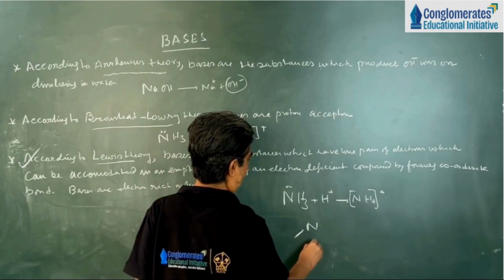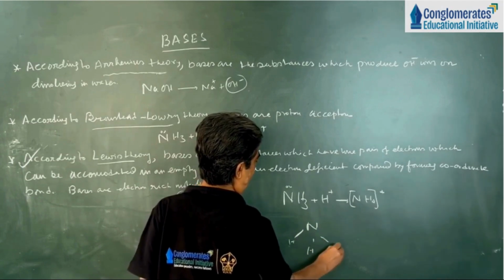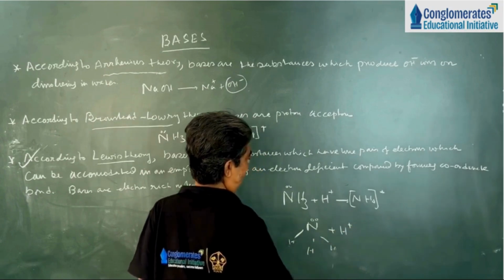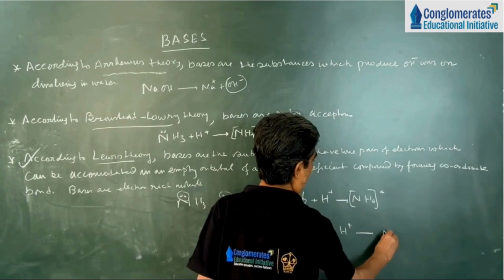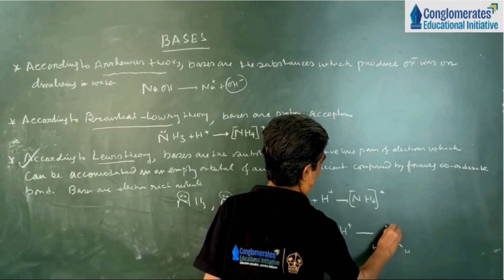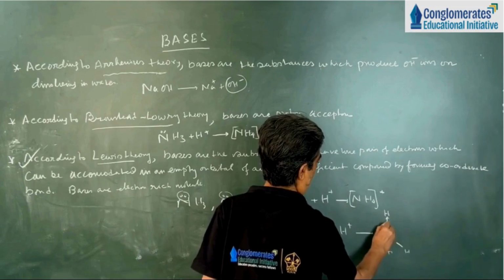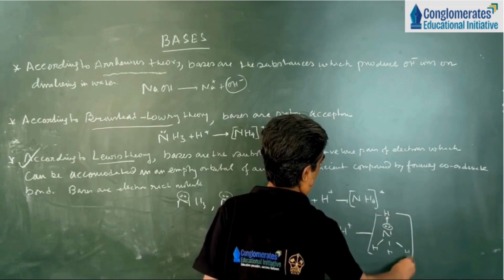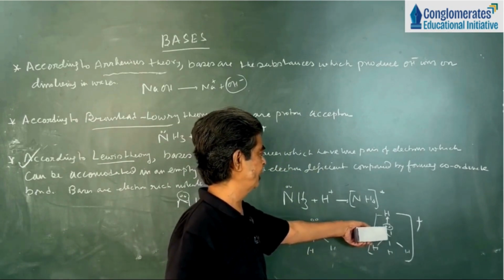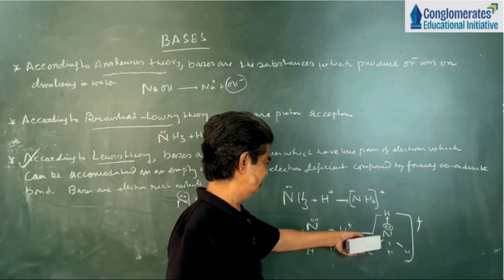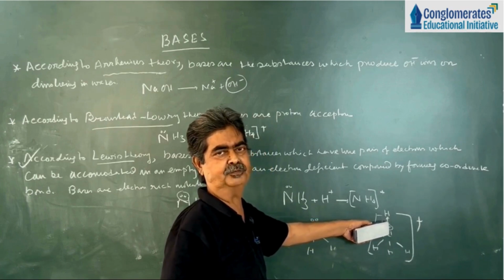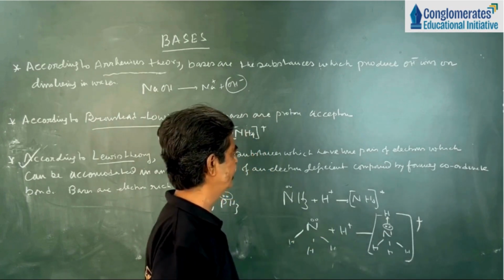Because you know, this is ammonia, this is H+, no electron is there, so they form a coordinate bond with the lone pair of electrons, so that nitrogen has 8 electrons in the outermost orbit and each hydrogen has 2 electrons in the outermost orbit. So the octet or doublet rule is followed.